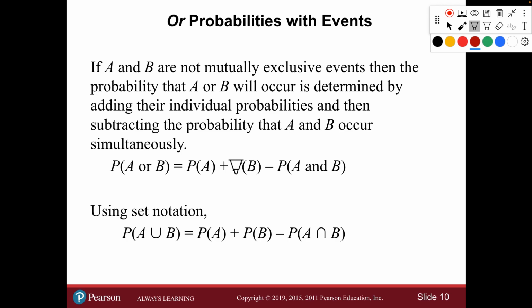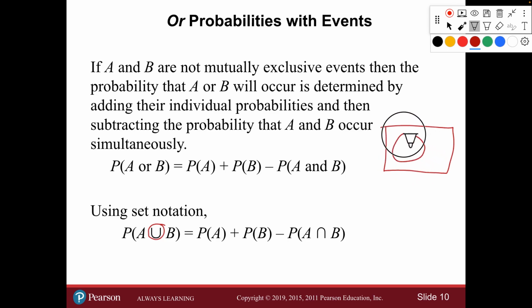Or probabilities, A or B. Now remember, that's a union, as they show down here from our set theory stuff. So either A happens or B happens or both happen. Well, if we count everything in A, let's think of a Venn diagram.